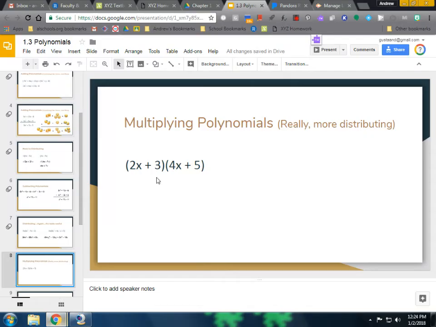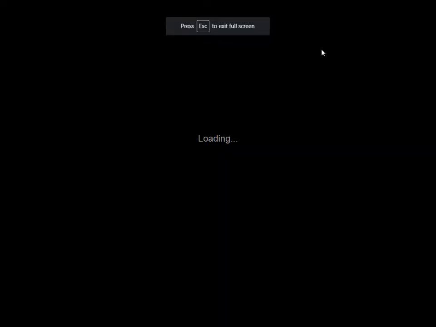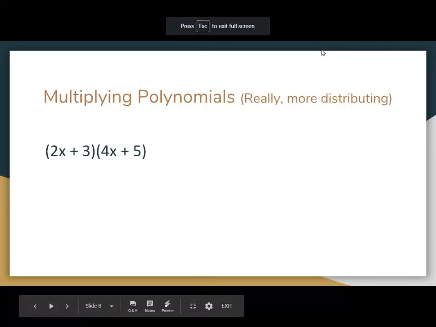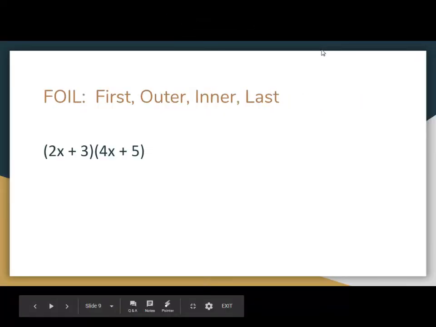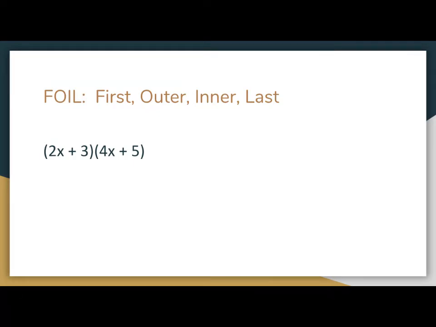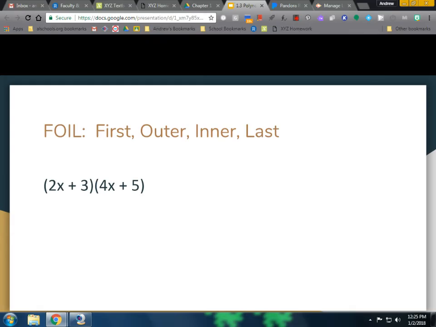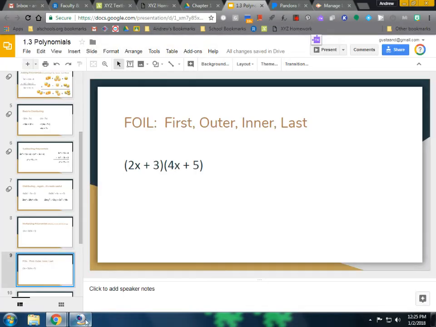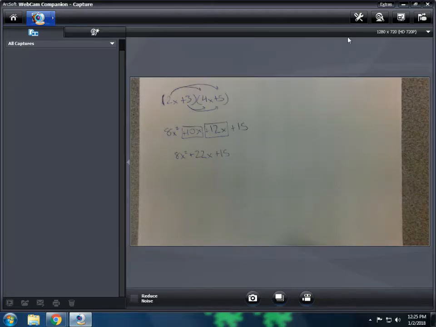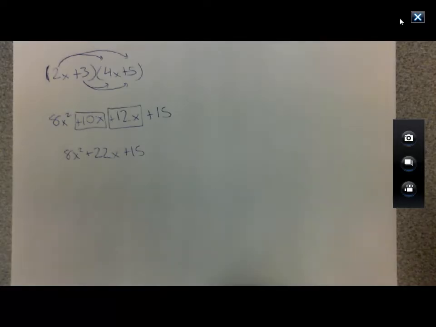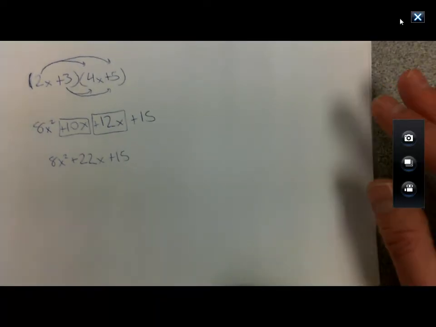Going back to my screen here, I mentioned we'd have multiplying polynomials and FOIL. So here's your FOIL. I am going to show it just to show it, but again, I won't use that term because it's less effective once you get past these basic problems.